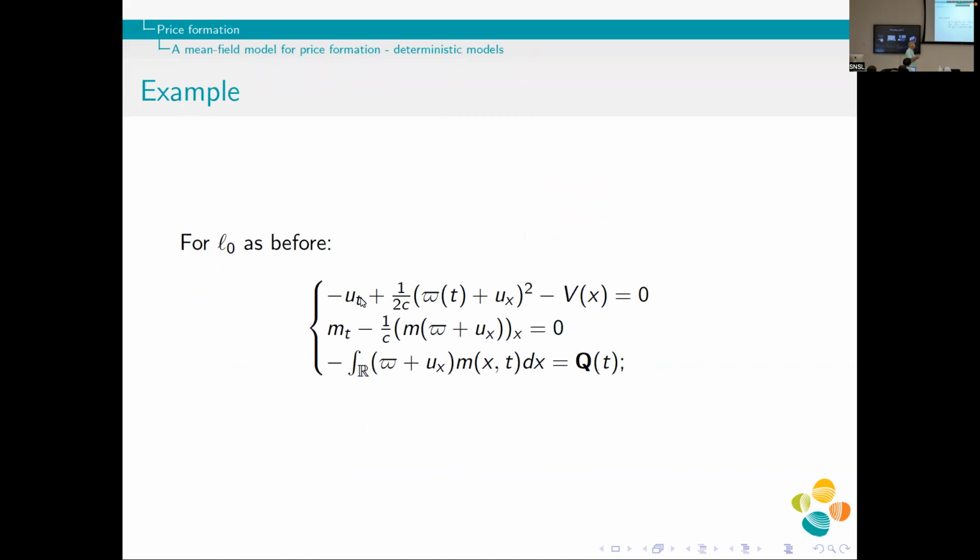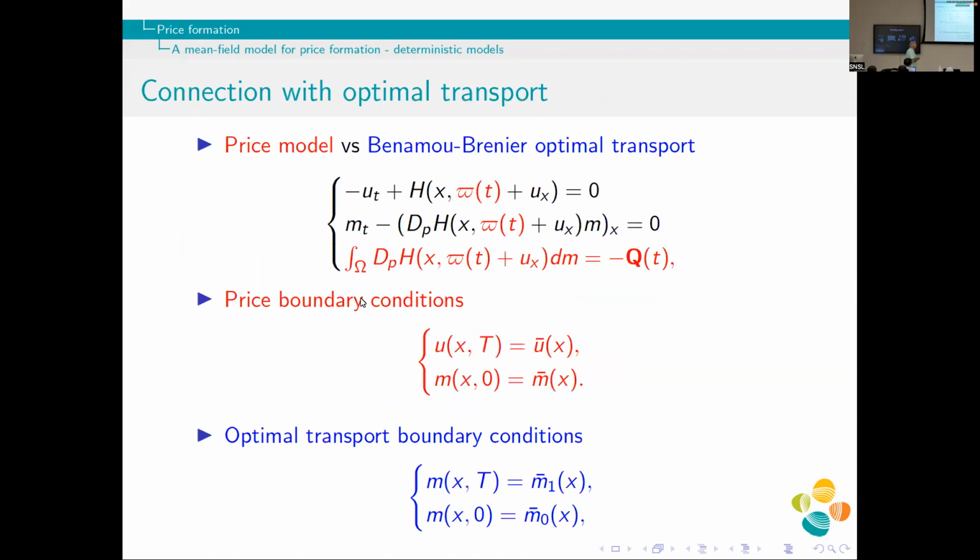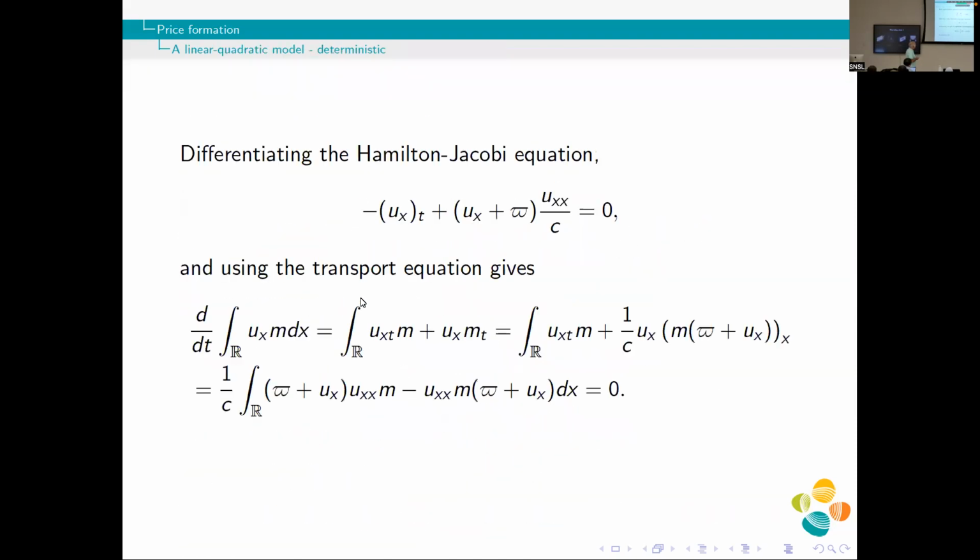And m is a probability measure, so I can pull the price out of this integral, right? So I start looking at this quantity, and its time derivative. What you realize is that the time derivative of that quantity is precisely 0, by a piece of magic that comes from integration by parts.